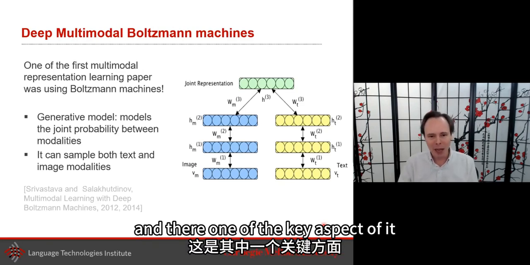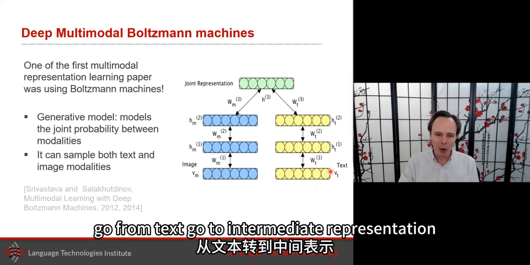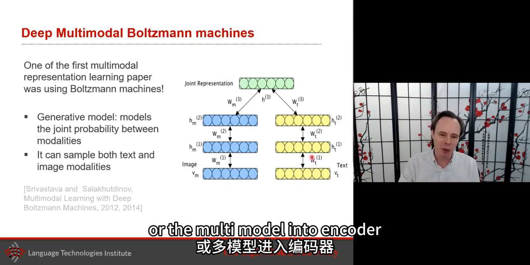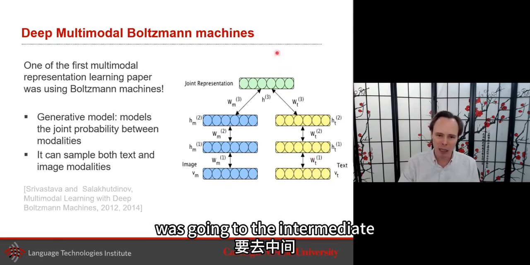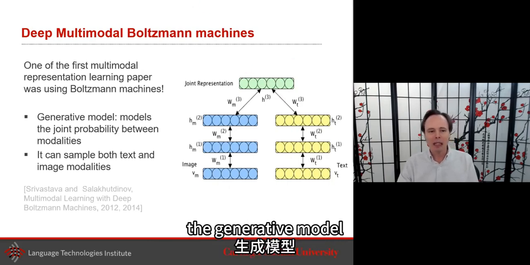And there, one of the key aspects is that this is a generative model. An autoencoder goes from text to the intermediate representation and comes back, or the multimodal autoencoder was going to the intermediate representation and recreating the text or recreating the image.